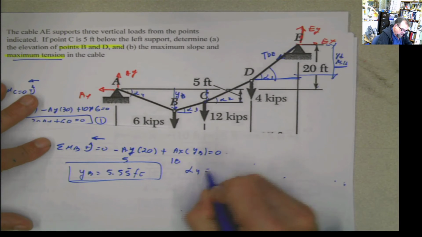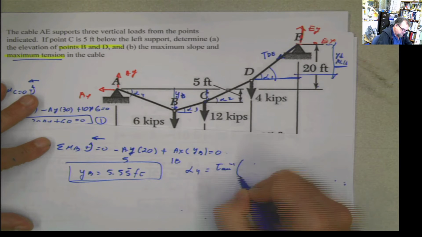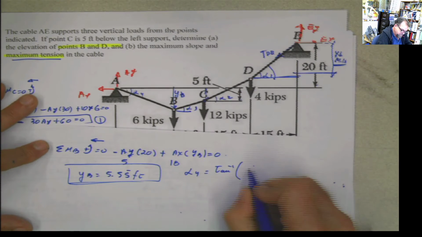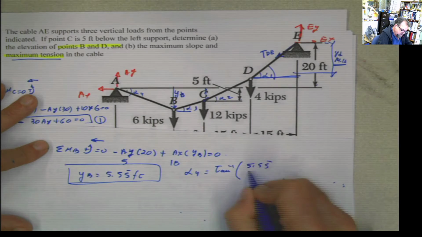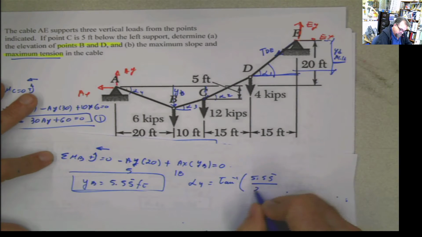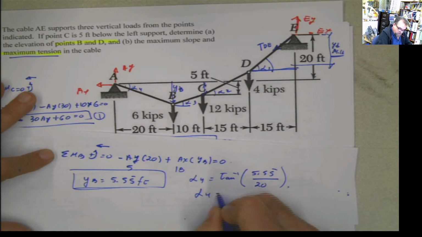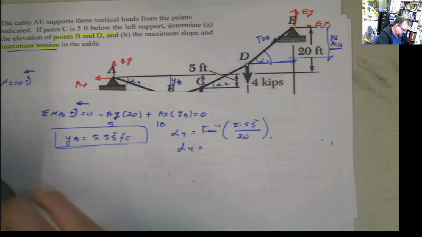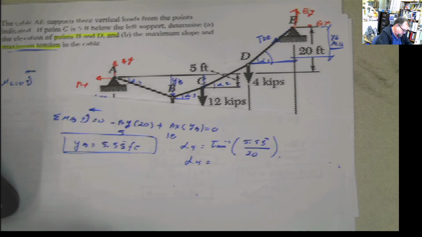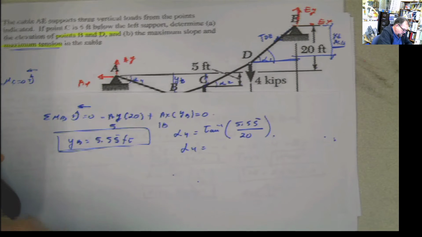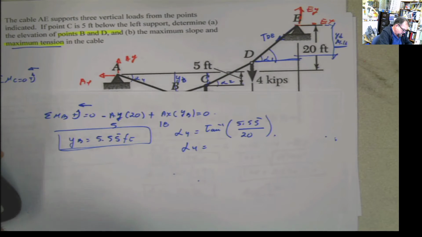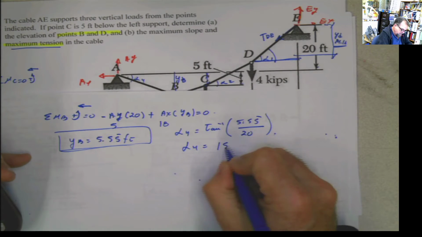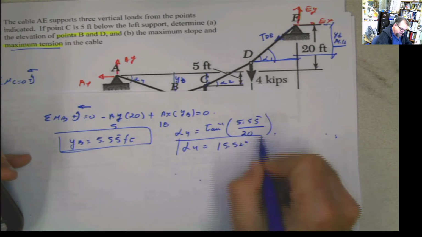Alpha 4 is inverse tangent of YB, 5.55 divided by 20. Alpha 4 is 15.52 degrees, definitely not the biggest one.